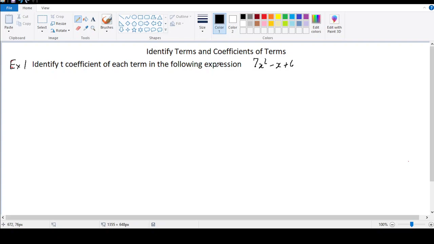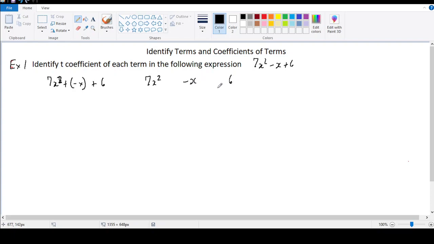First of all, we will begin by identifying how many terms there are. There are 3 terms. Then we write the subtraction as addition of the opposite: 7x squared plus negative x plus 6. So this has 3 terms: the first term is 7x squared, the second term is negative x, and the third term is 6.